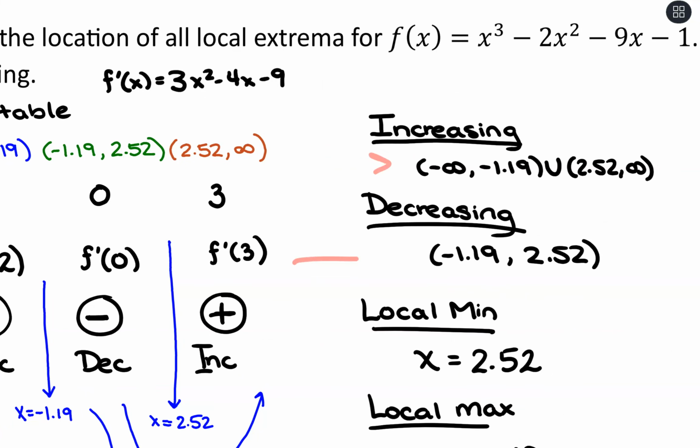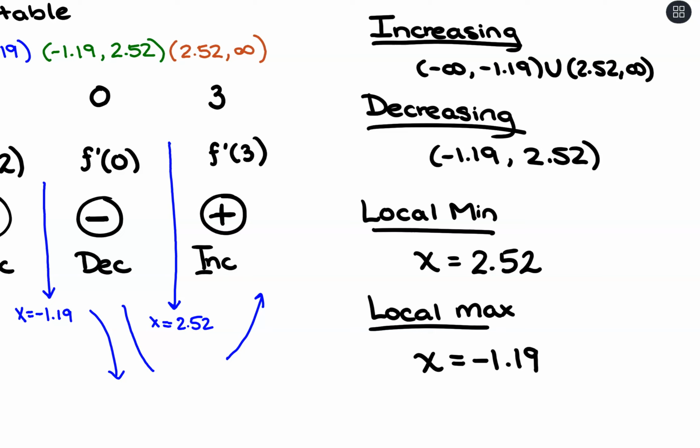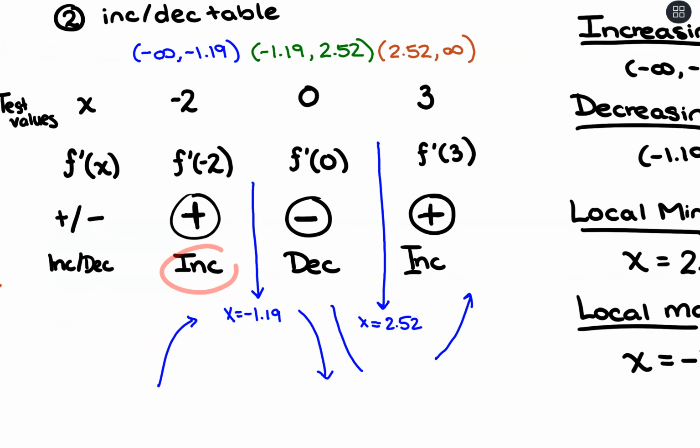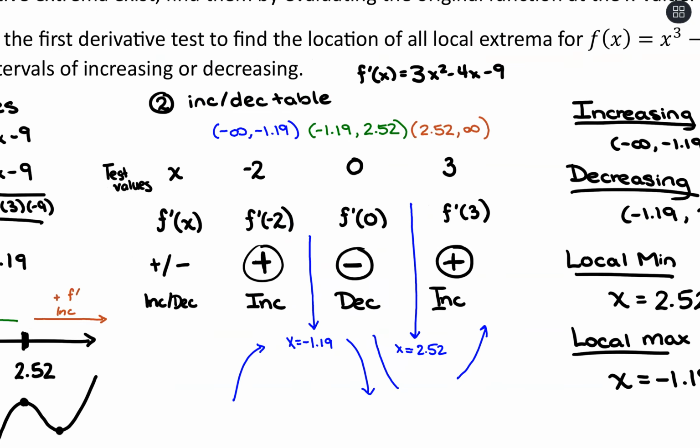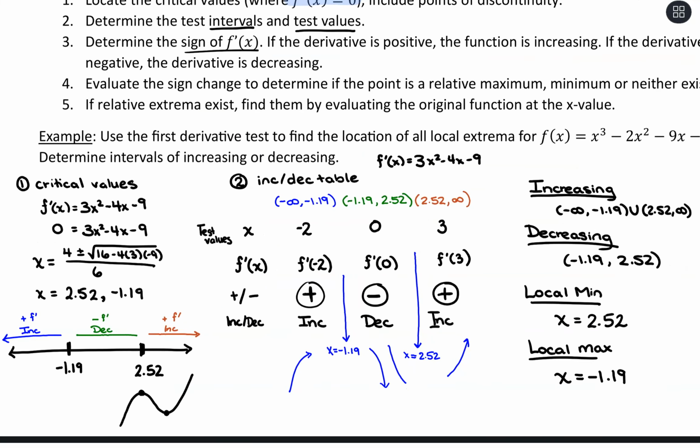And that will get you your intervals for where our function's increasing or decreasing. Then for local extrema, see how we change from increasing to decreasing, decreasing to increasing, and how that would form a shape that would give us our minimum or maximum. And that's our first derivative test. It really comes down to this table right here with our intervals and then test values and then evaluating those test values for positive, negative.